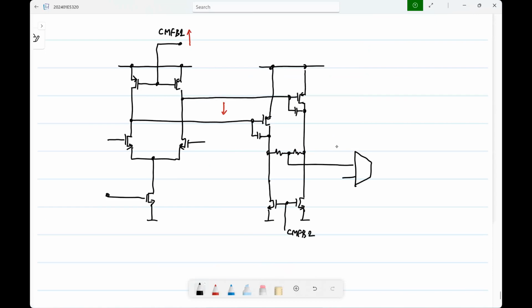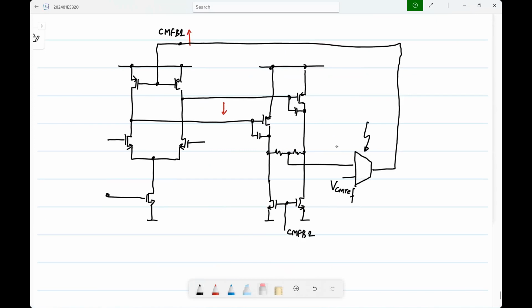Okay. So now one of the possibilities is that you detect the common mode and compare it to VCM ref, and based on that, you can directly vary CMFB1. Okay. So, that is possible, right. Now, we have to see what to put inside that. But by the way, which of these will be the plus terminal, which will be the minus terminal?